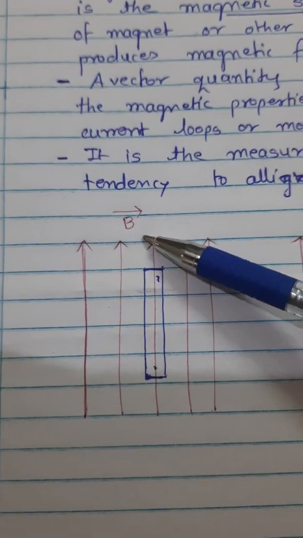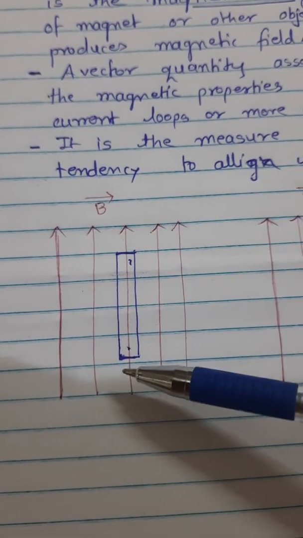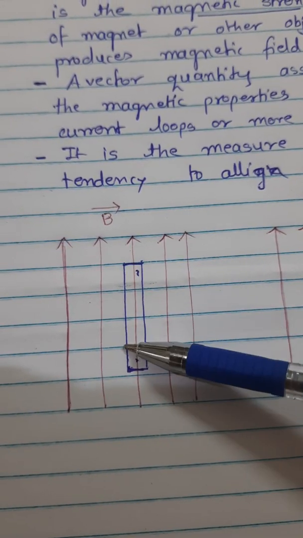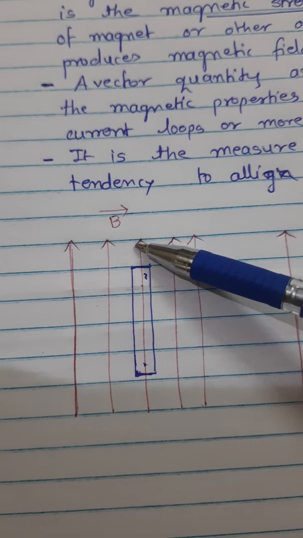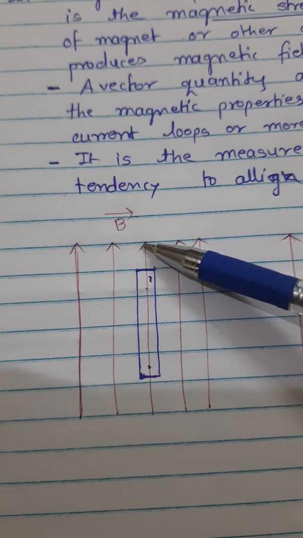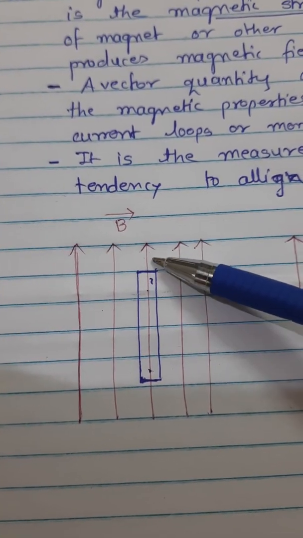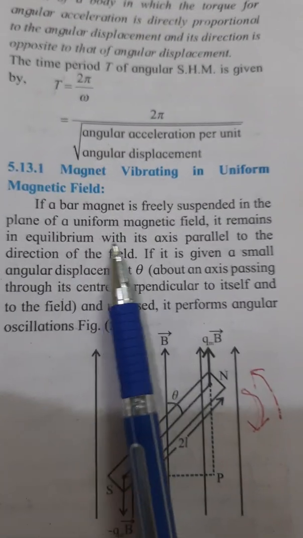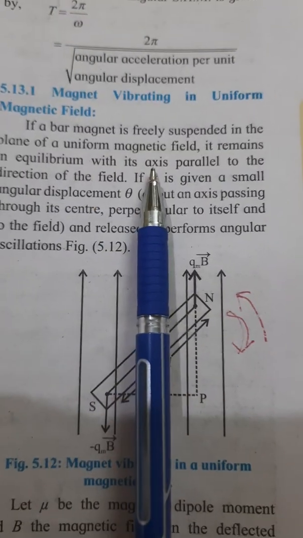The red line indicates the direction of the magnetic field, and the axis of this magnet will be aligned with this external magnetic field. Therefore, the magnet will remain in equilibrium.